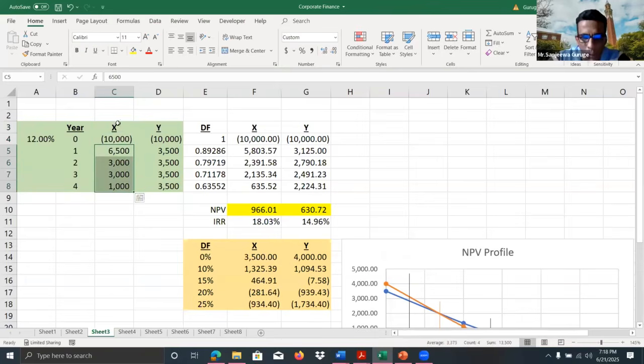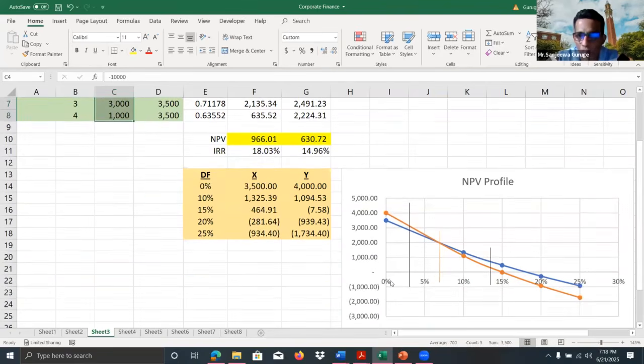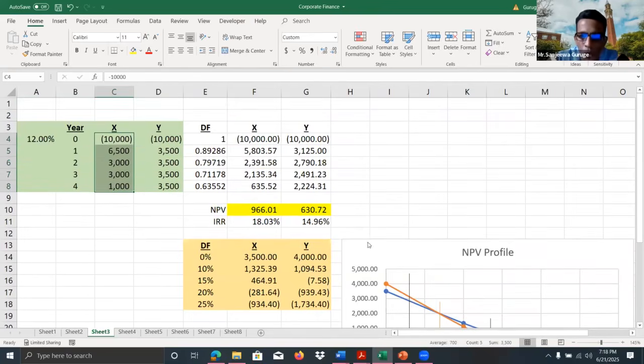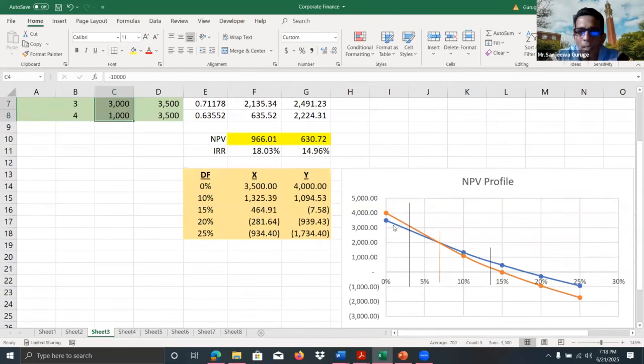Total inflows for project X are 13,500, and investment is 10,000, which means the net present value will be 3,500 if the cost of capital is 0. So if the cost of capital is 0, what is the net present value of project X? 3,500.